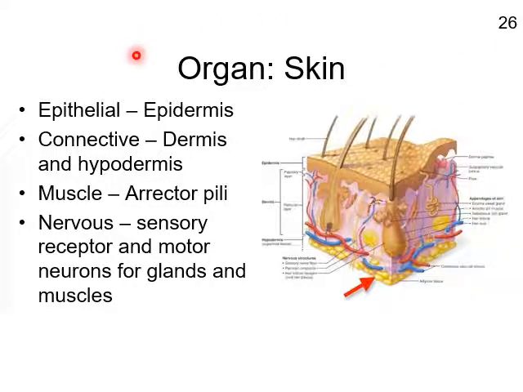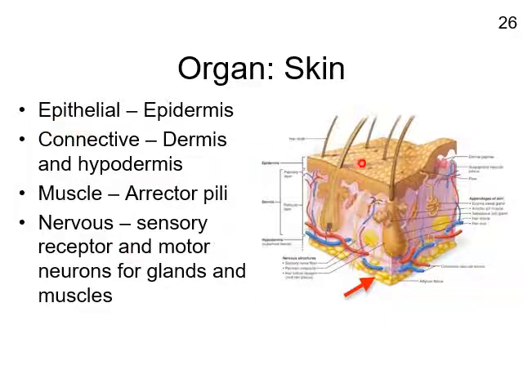If we put it all together, we went from atoms, those carbons and oxygens and so forth, and put those together to make a molecule, put multiple molecules together to make a cell, and then multiple cells to make tissue. Then we put multiple tissues together to form an organ. In this case, we're using the skin.